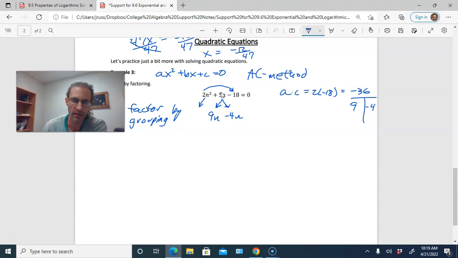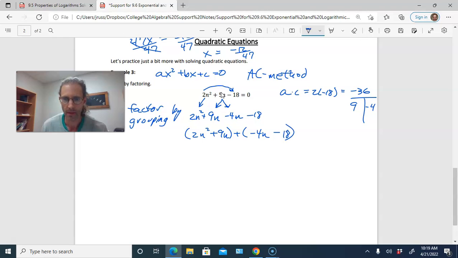And then we bring down the first term and the last term. And it's called factor by grouping because we group these up in parentheses. First two terms, you're going to put a plus sign to make sure that negative goes inside the second set of parentheses. And then what we do is we try to factor out what we refer to as the greatest common factor from each of these groups.